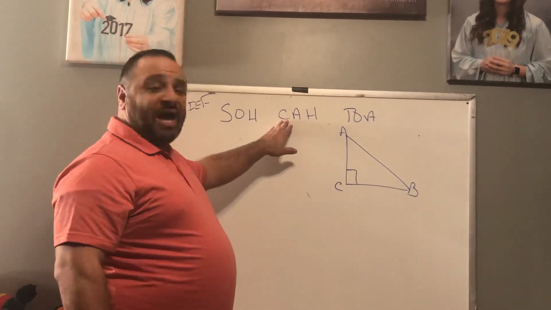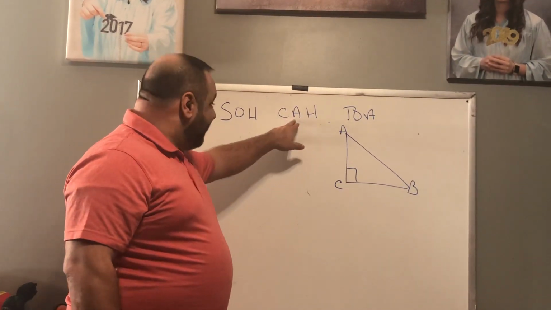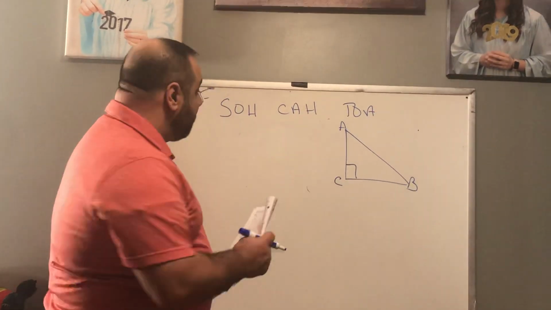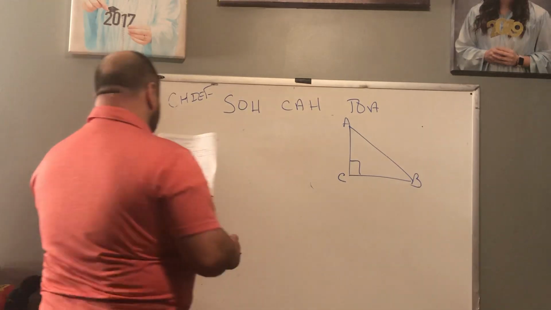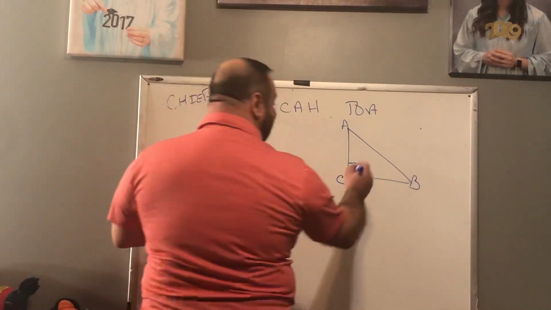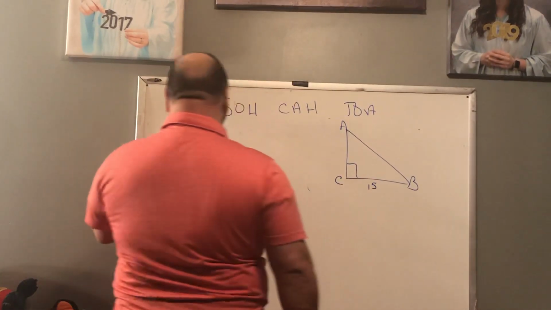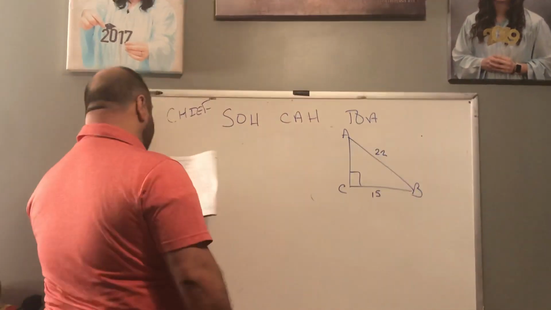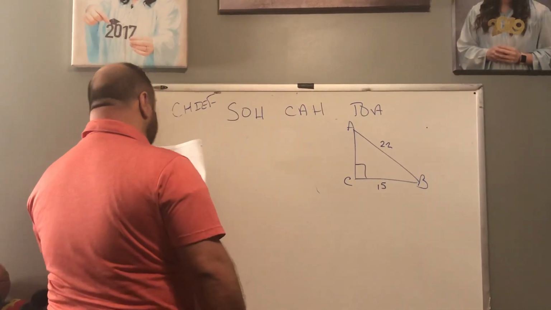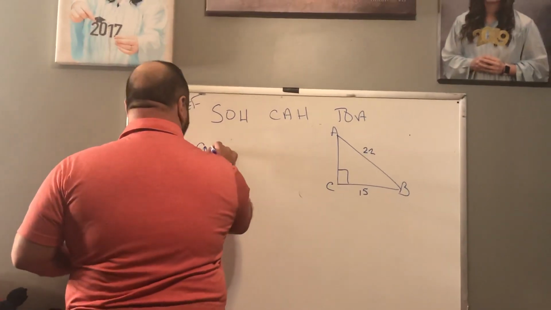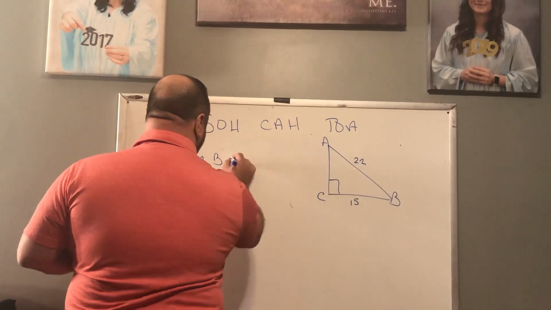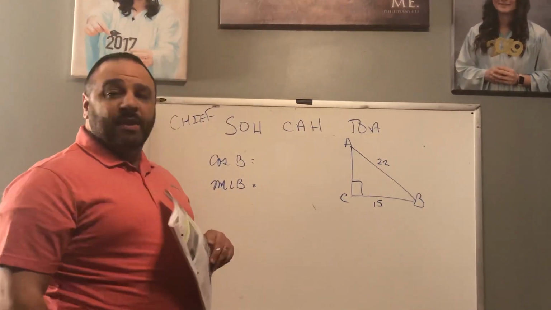The cosine is the side adjacent over the length of the hypotenuse. So let's quickly do number 9. We have BC is 15, and AB is 22. We want to find the cosine of B, and then the measure of angle B.